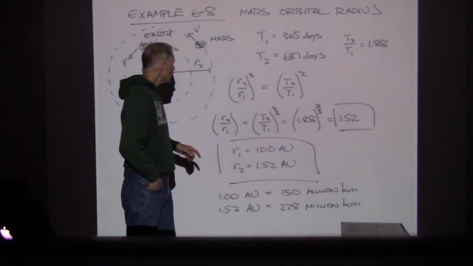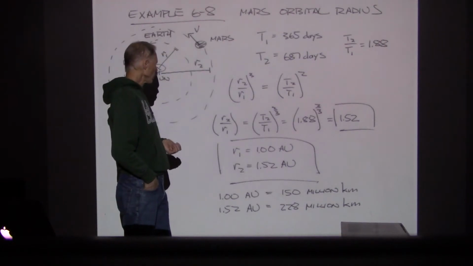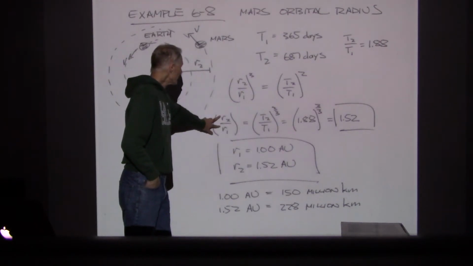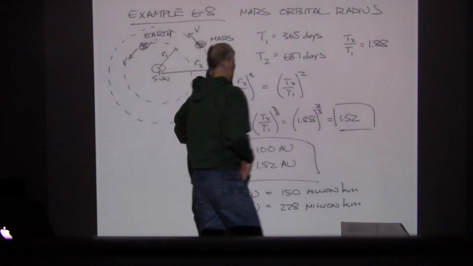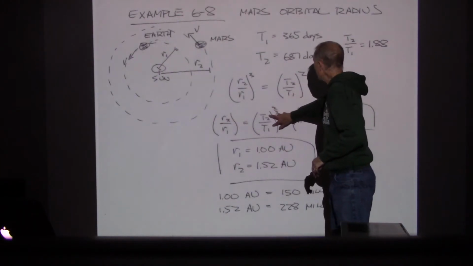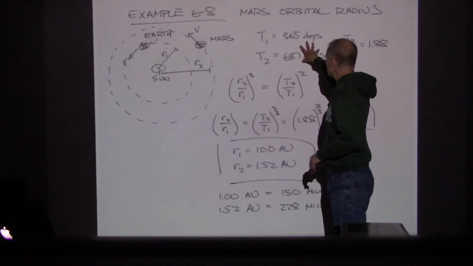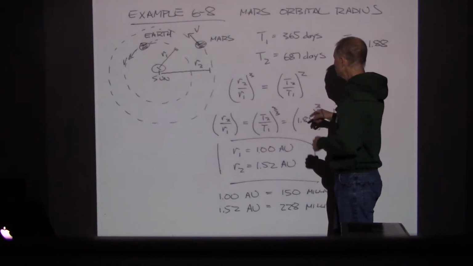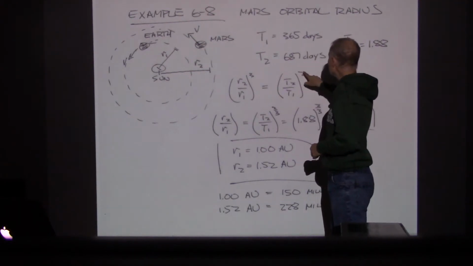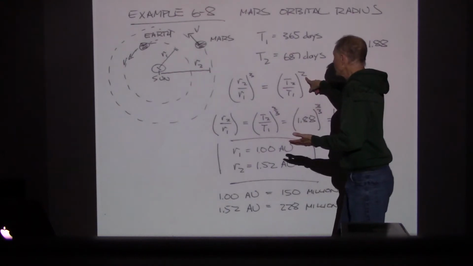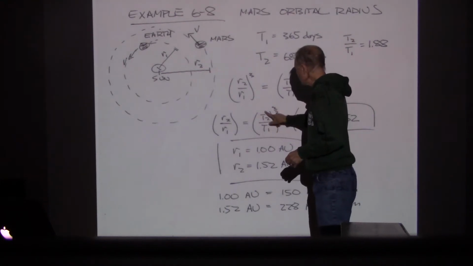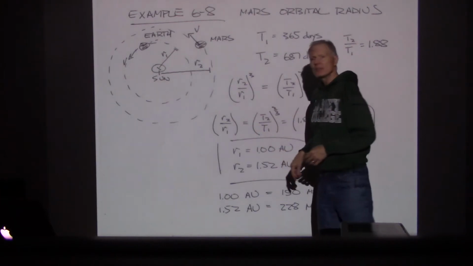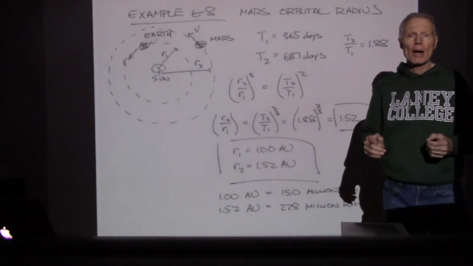Now, for Mars' orbit, we can calculate the radius of Mars' orbit by taking the ratio of these periods. Now, it's not a direct proportion. This is to the third power, this is squared. And so I have to take the ratio of the periods and take that to the 2/3 power.